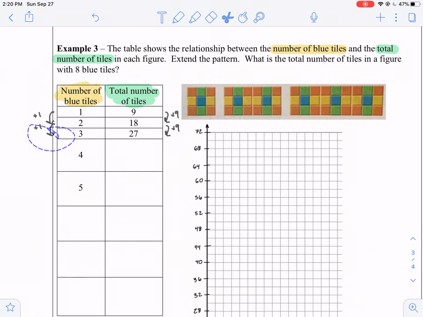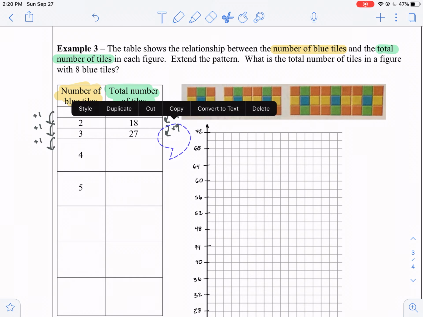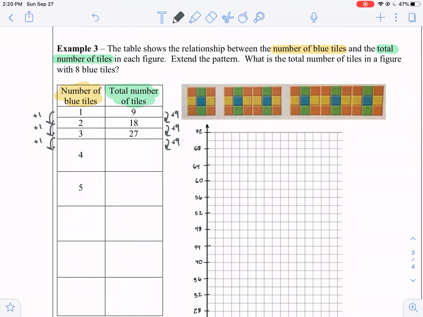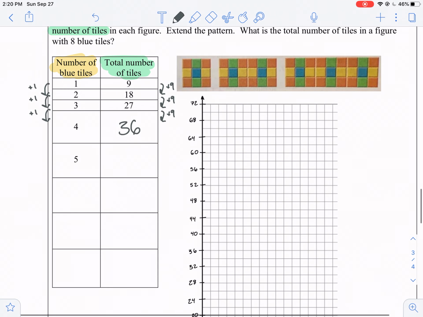And as we add 1, we add 9 again. And 27 plus 9 is 36. We're going to add 1 again, 5, and then add 9 again. We get 45.